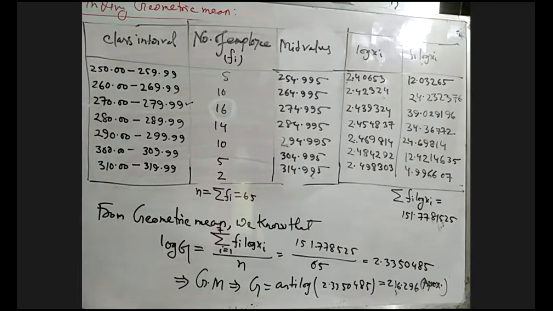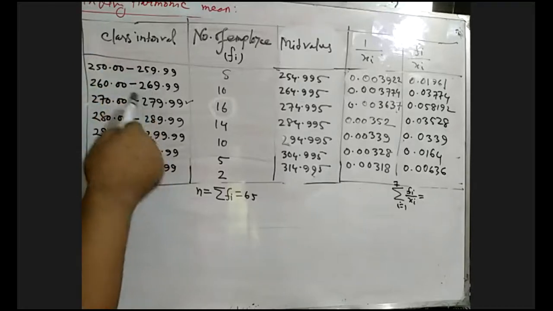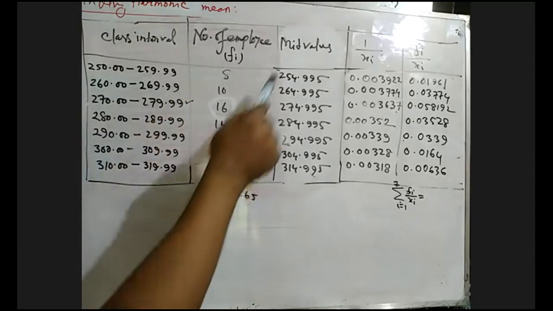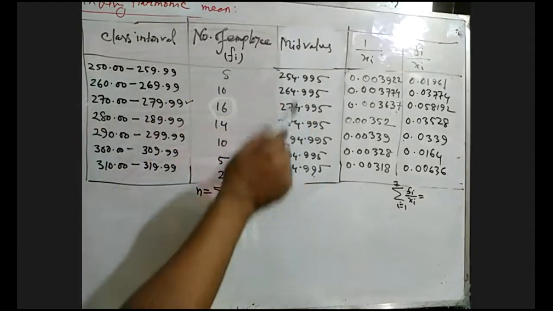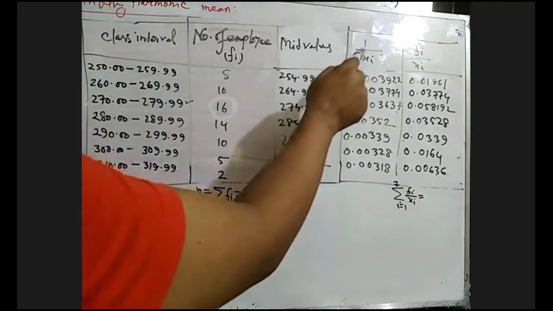Now we'll try to find the harmonic mean. So how do we find the harmonic mean from the same class interval? The first column is the class interval. This is the number of employees, the frequency, and this is the mid values of the class interval. First of all, we have to find 1 by xi.